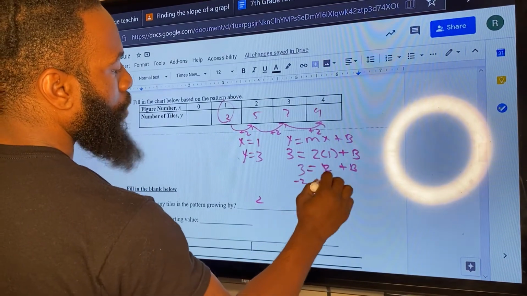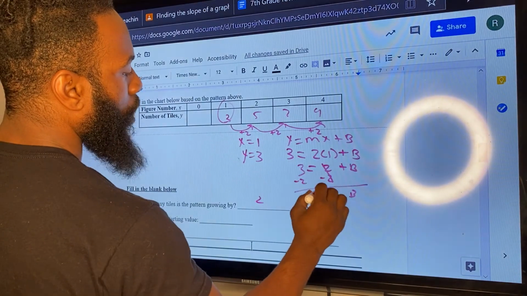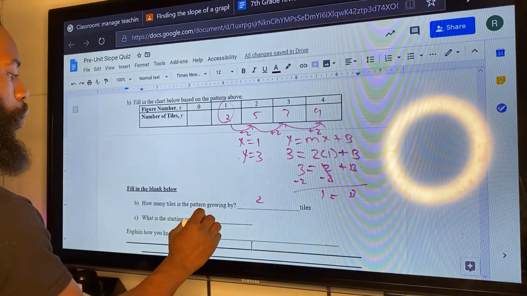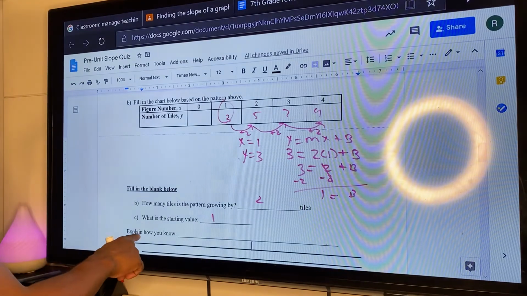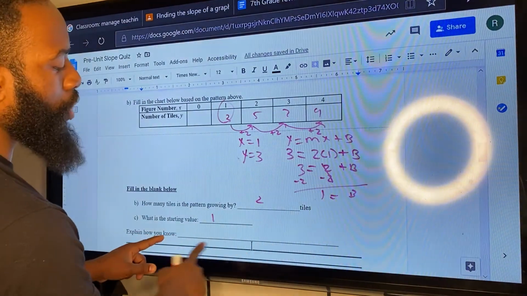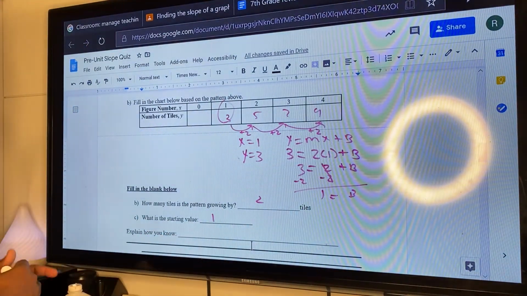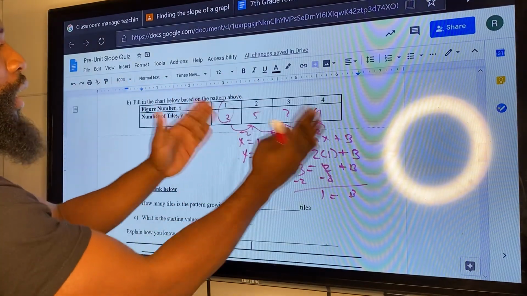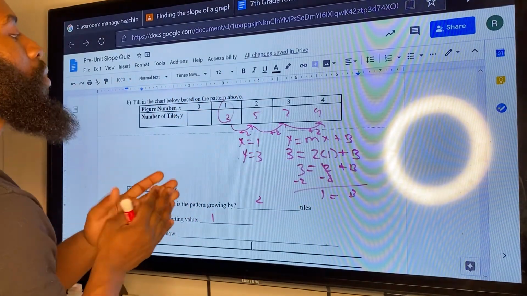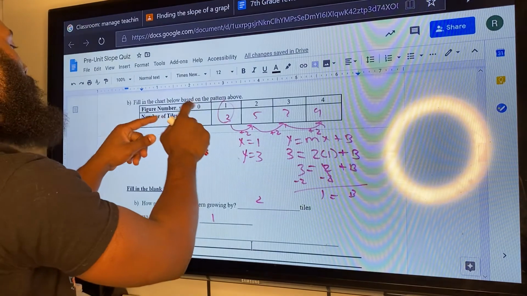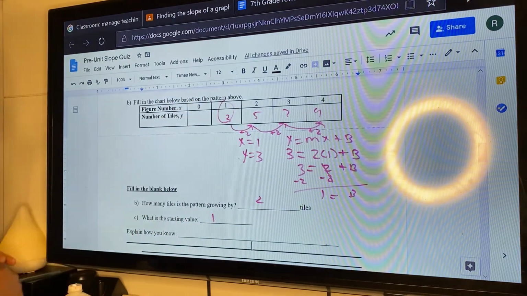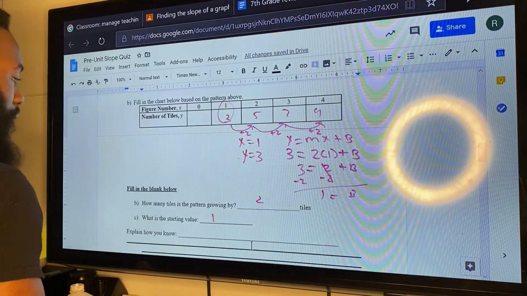Do it over here, that eliminates. B equals 1. So our starting value is 1. And explain how you know, I'll leave that up to you. All you're doing is explaining what we did here and how we solve for the Y-intercept, not giving the value of Y when X is 0. So I'll leave that in your hands.